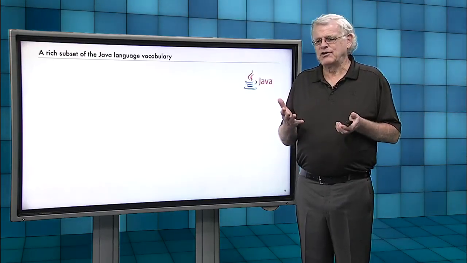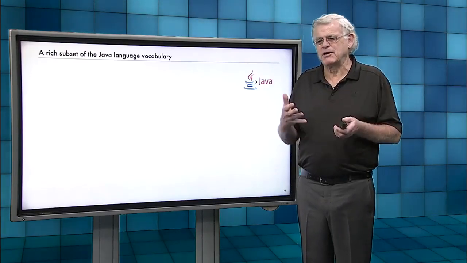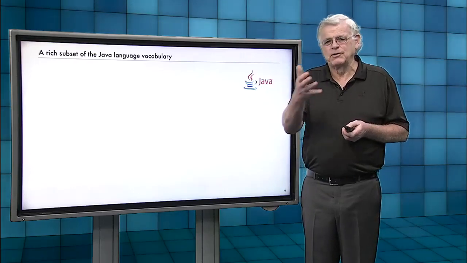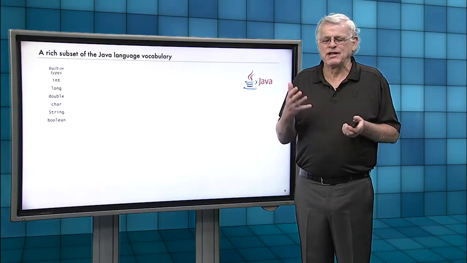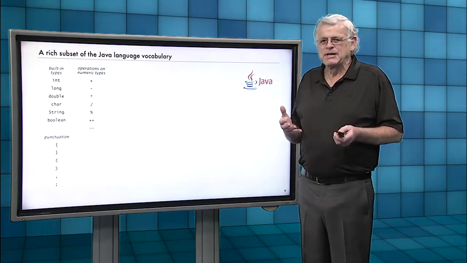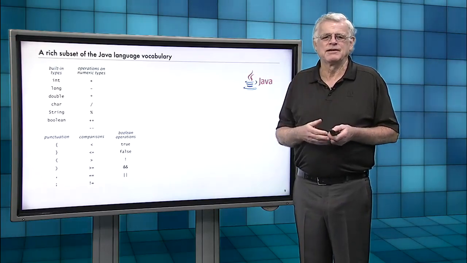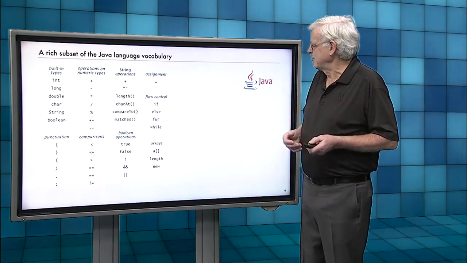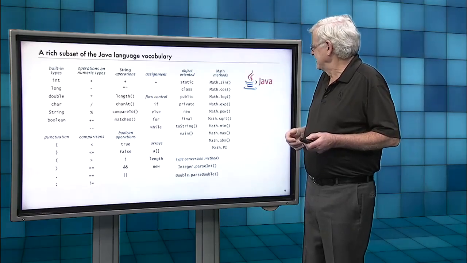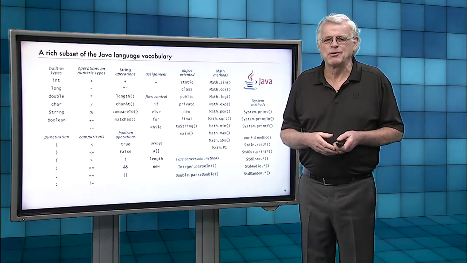So let's just take a look at the vocabulary. Sometimes people compare learning a programming language to learning a natural language, but it's actually much easier. There's only a few different types of things. We're going to talk about all of these things later in today's lecture, and then a few more in the next couple of lectures. But this is pretty much all the words that you're going to use in your Java programs.